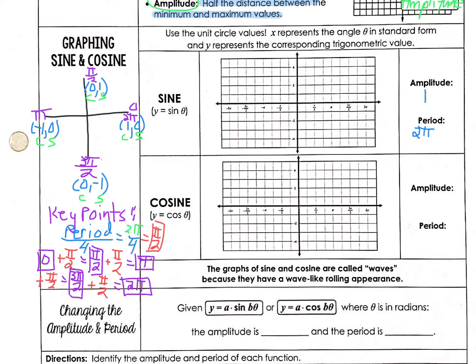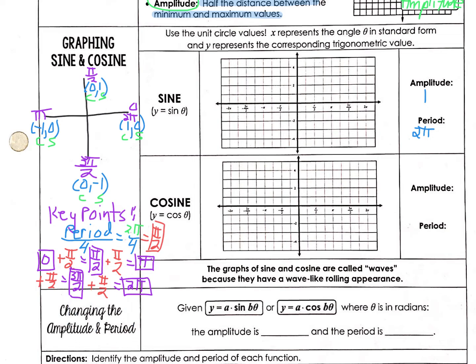When you look at a standard trig function that has a normal amplitude of 1 and a normal period of 2 pi, you're always going to be seeing these key points. It's really not about the amplitude, but more about the period. If your period is the normal period of 2 pi, then you will always have these 5 key points: 0, pi over 2, pi, 3 pi over 2, and 2 pi.